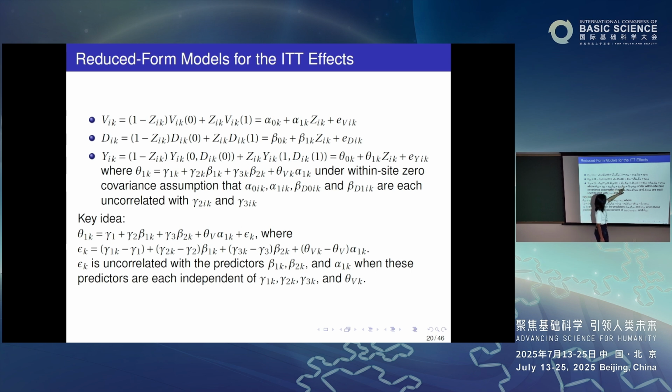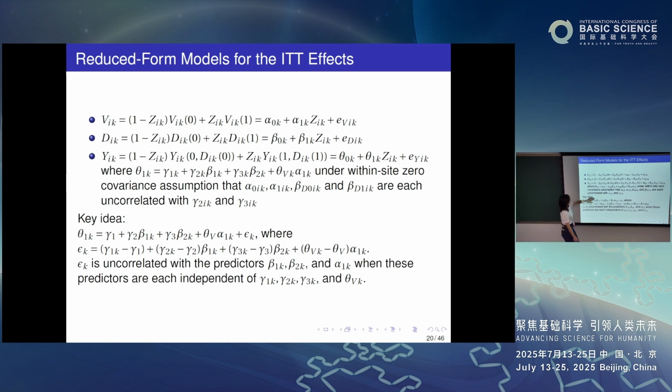Here, beta 2K is a sum of beta 0K and beta 1K. And then plus theta VK times alpha 1K. We have a lot of parameters that we're interested in, right? We're interested in gamma 1 aggregating over K. We're interested in gamma 2, gamma 3, theta V, alpha 1. If we can analyze those parameters, we obtain our results.